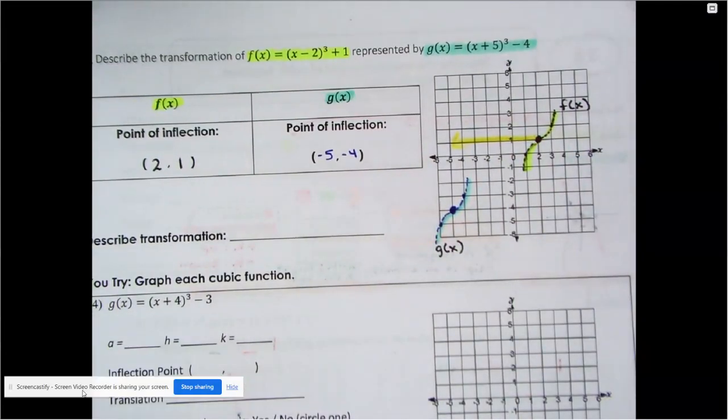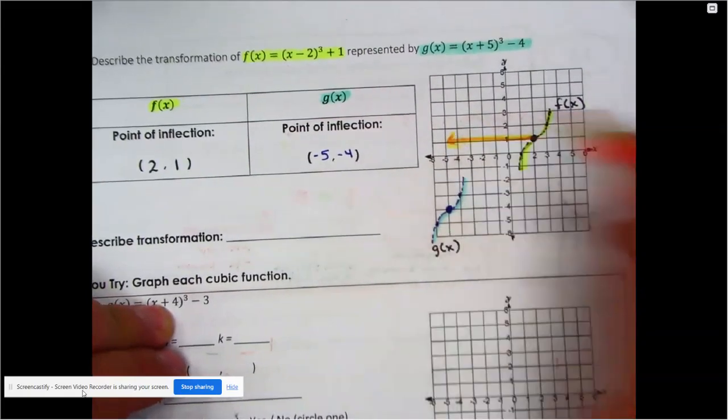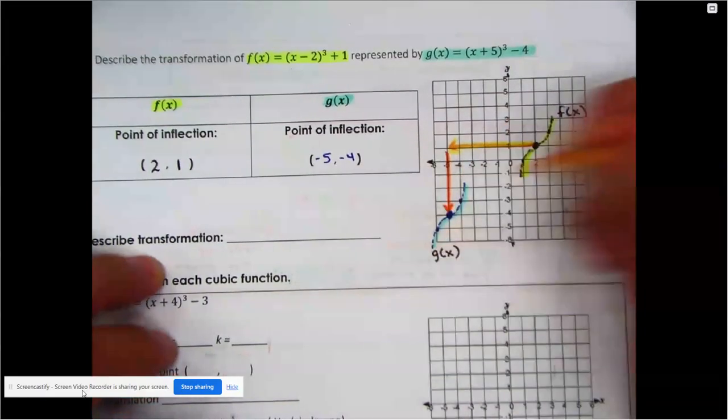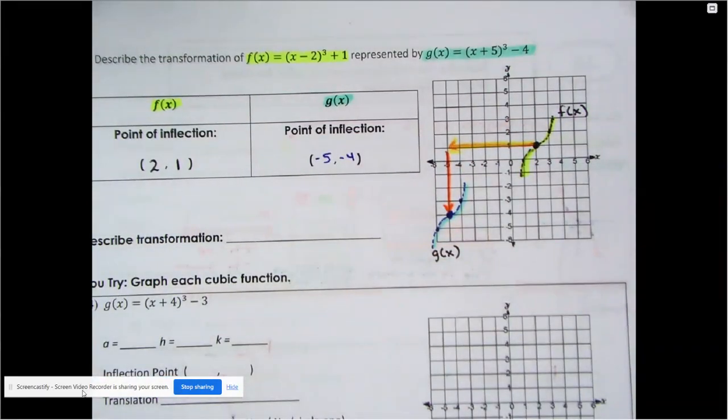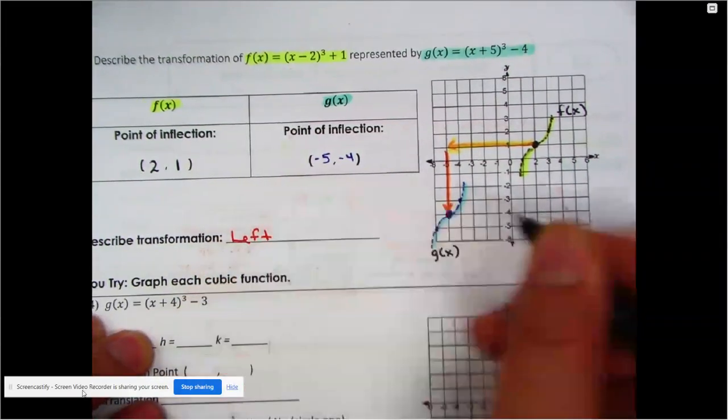But then we also have to head down. So we're going this way, a little darker color there. And we also have to head down to get to that point. Well, all I have to do is put it into words. All I have to do is go left. Well, let's see how many spaces.